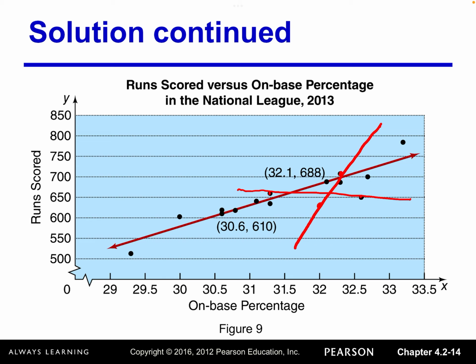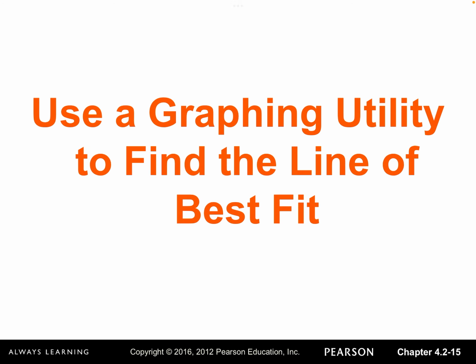If we can randomly choose any 2 points to build the linear function, everybody will come up with a different one. Which one is better? Which linear function better represents the data? When this question arises, the solution is to use the graphing calculator to help us find the linear function that best fits this data. So we're going to use the graphing calculator to find the line of best fit.